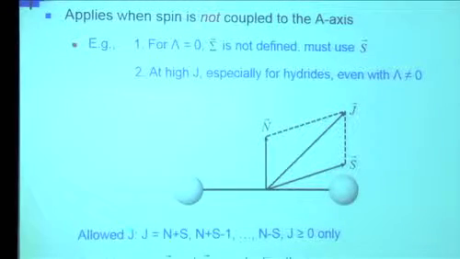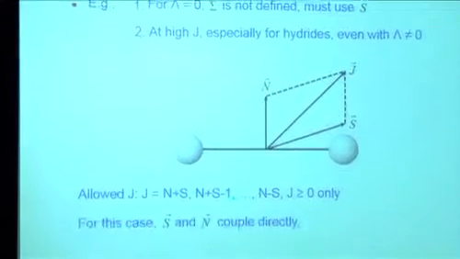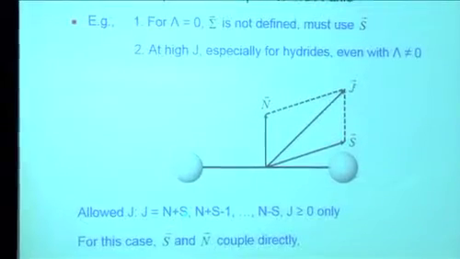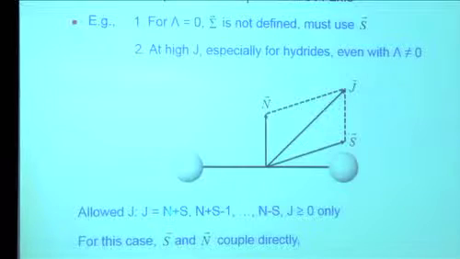J can only take on allowed possibilities. If S is 0 and lambda is 0, we don't use an N, we just use J. But we will have N plus S down to N minus S, meaning we're going to have 2S plus 1 terms.